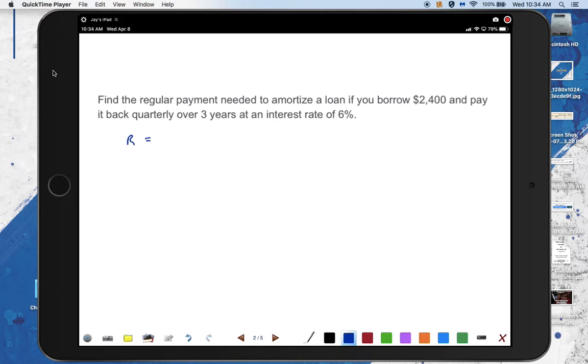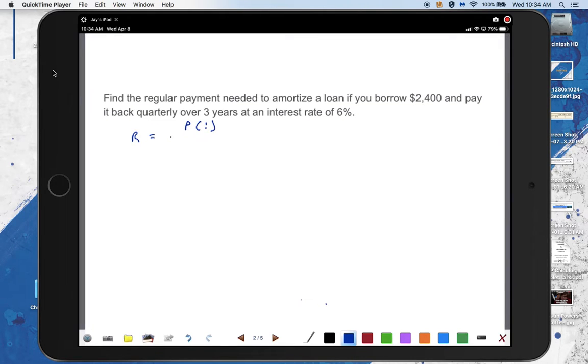And up at the top of this formula, you're going to have P, which is how much you borrow, that's your principal. And then we have an I, and we'll talk about that in just a second on how you figure what I is. Now in the denominator, you are going to have 1 minus, and in parentheses, 1 plus I, and that is a negative exponent of n. So negative n is the power.